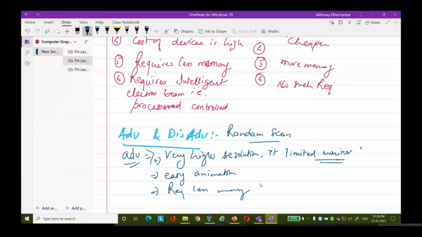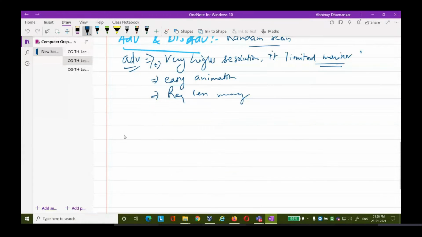Now in the disadvantage part of this, it requires an intelligent electron beam, which is microprocessor controlled.